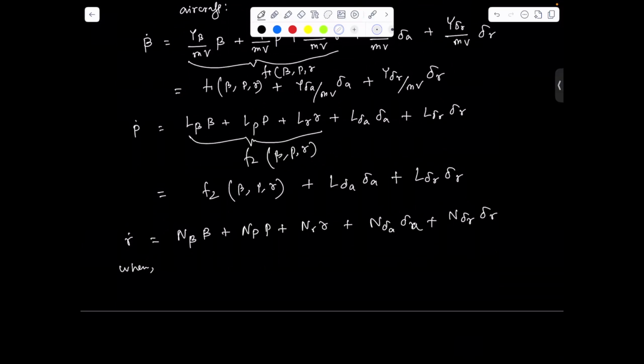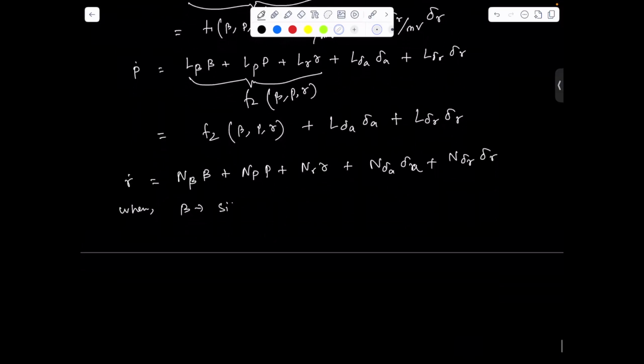So beta is nothing but the side slip angle, and P is roll rate, and R is yaw rate.